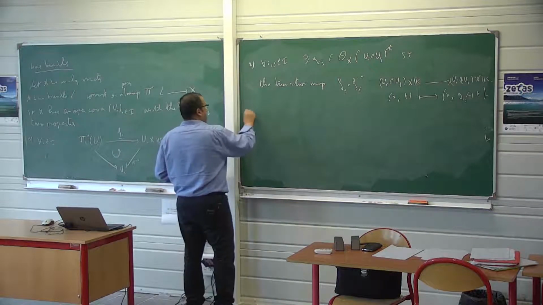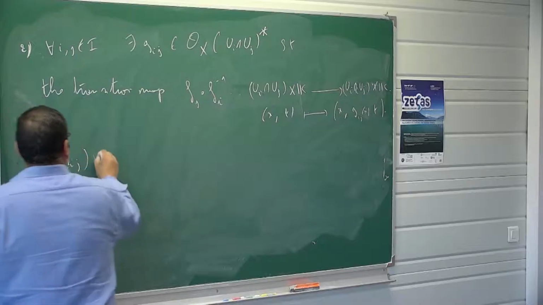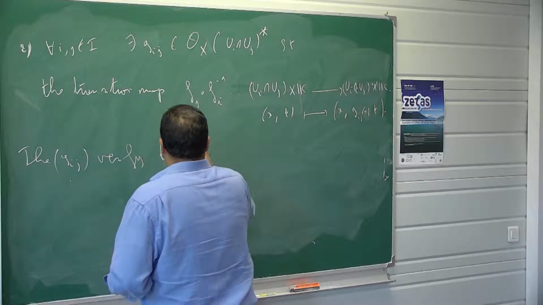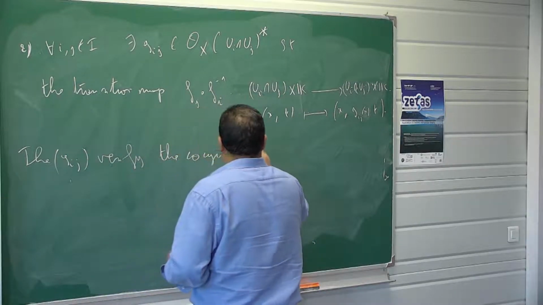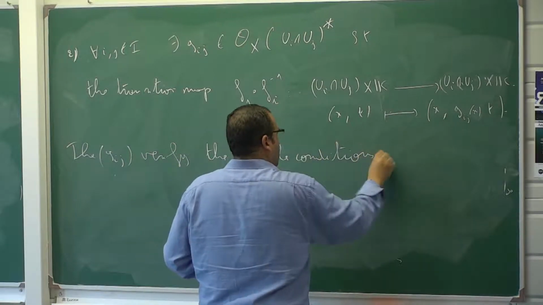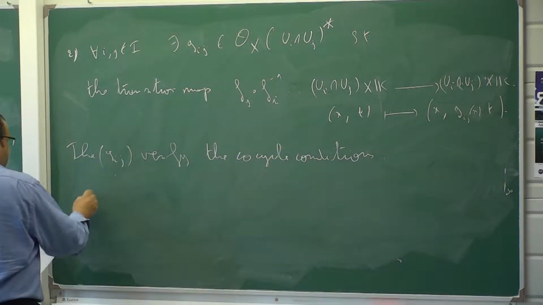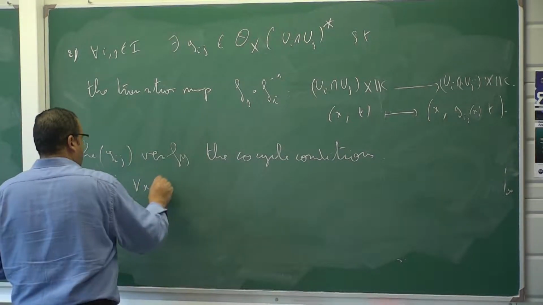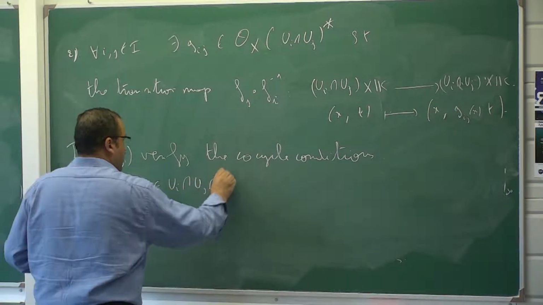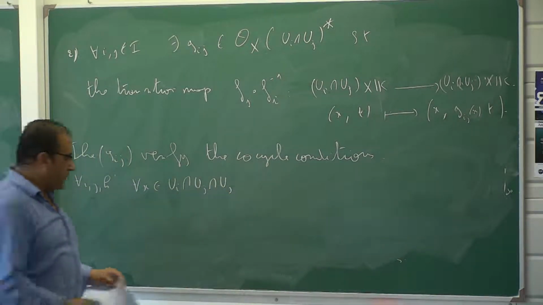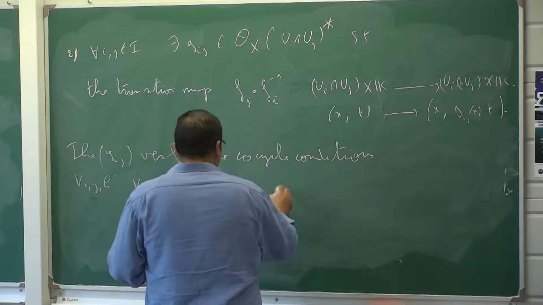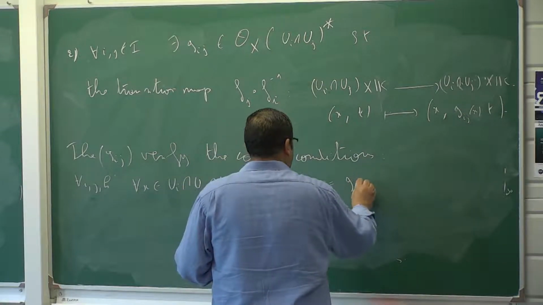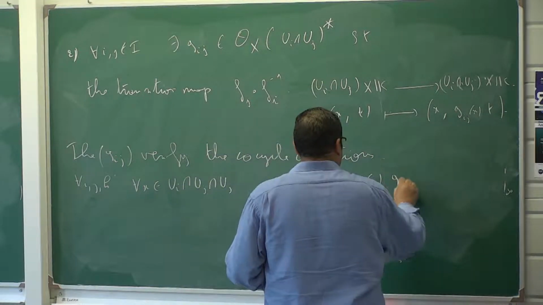So the functions g_ij verify the cocycle condition, which means they verify, for all i, j, k and all x in the intersection U_i cap U_j cap U_k, of course if the intersection is not empty, g_ik(x) equals g_ij(x) g_jk(x).